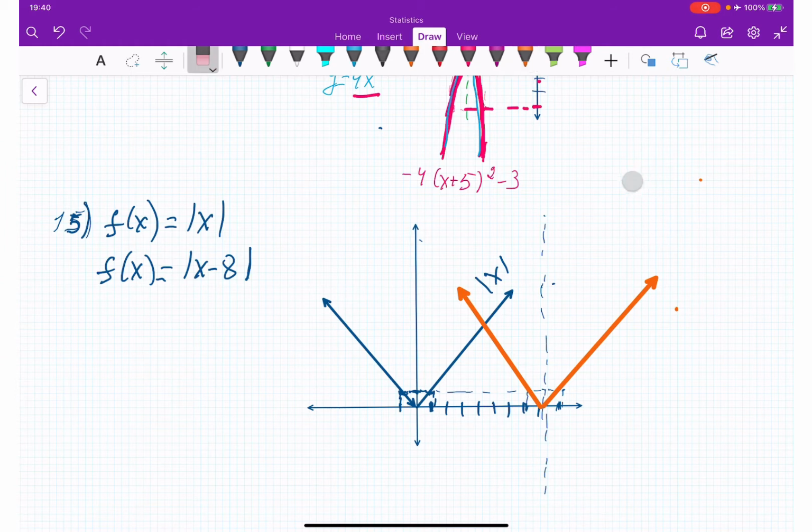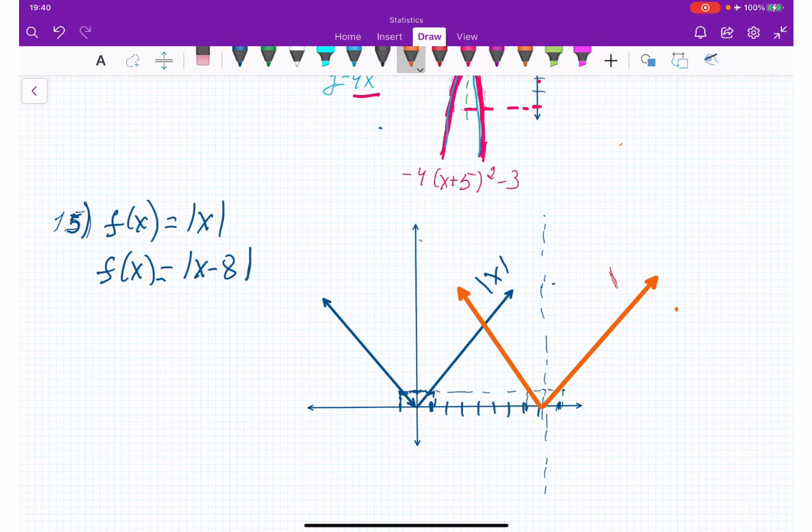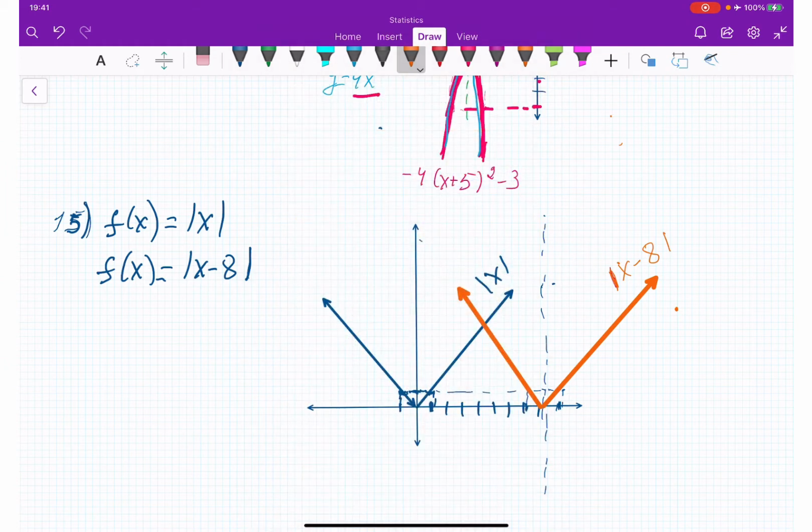And this graph is going to be absolute value x minus 8. Okay, let me mark this one also.